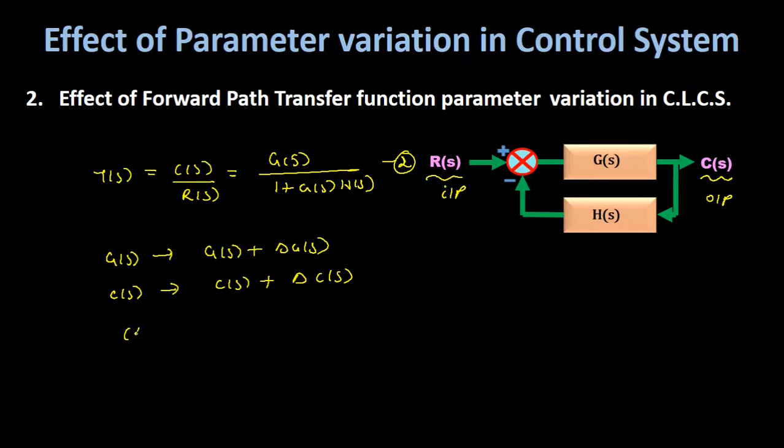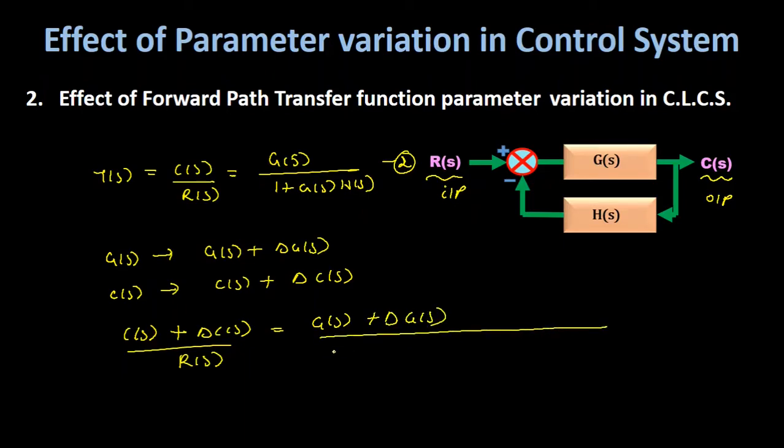Then we will get C(s) plus del C(s) divided by R(s) is equal to G(s) plus del G(s) divided by 1 plus G(s) plus del G(s) multiplied with H(s).